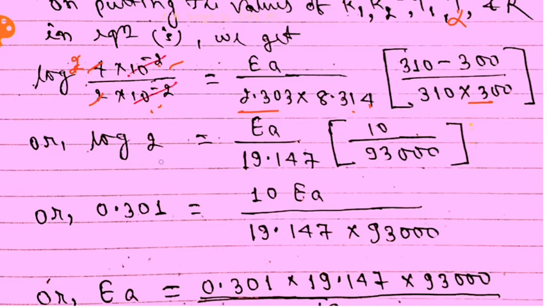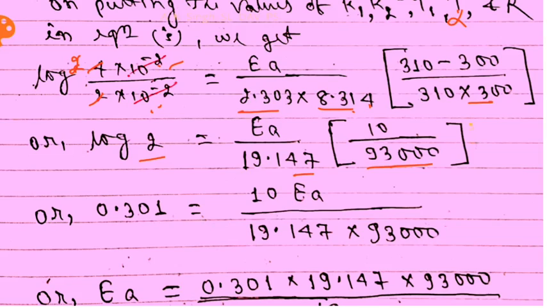So log 2 is equal to EA by 19.147. If it is multiplied, then we get 19.147 into 10, 310 minus 300 is equal to 10, by 93,000.